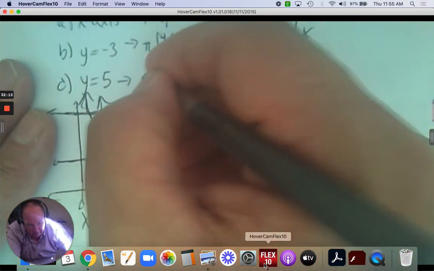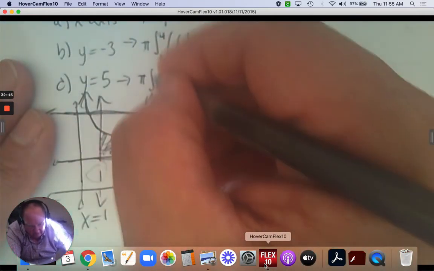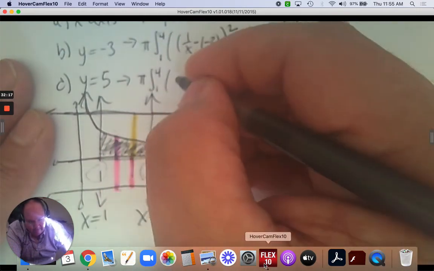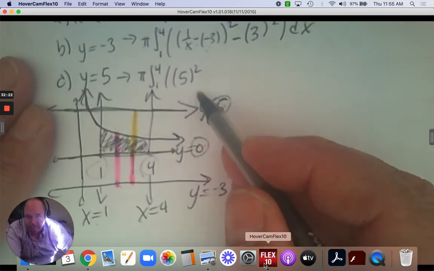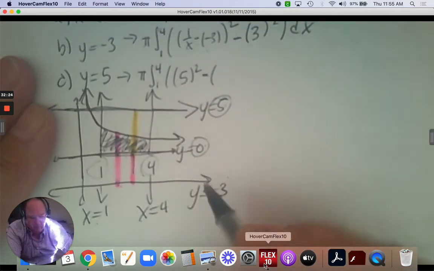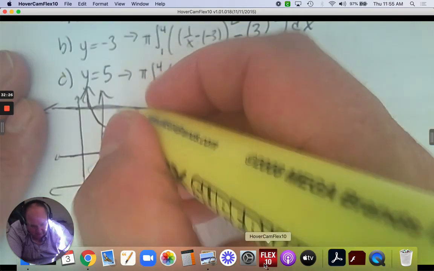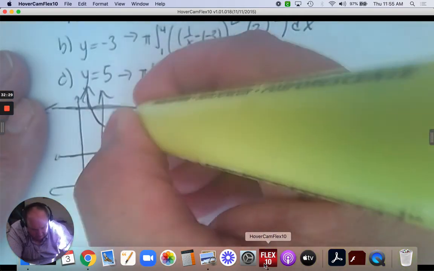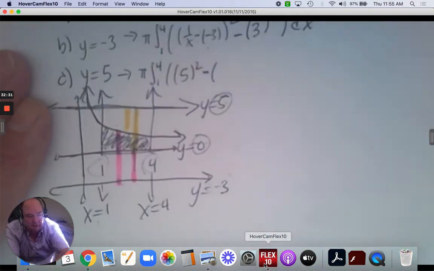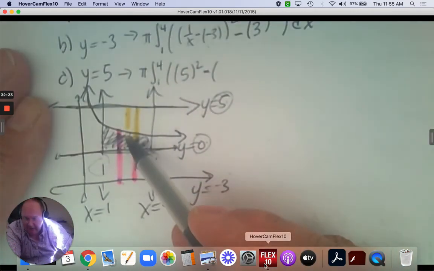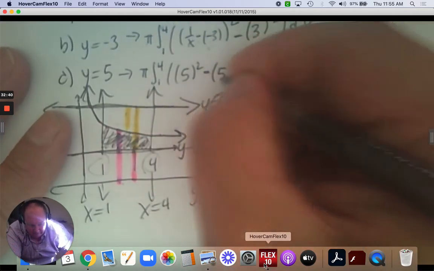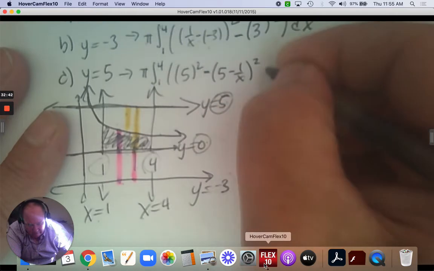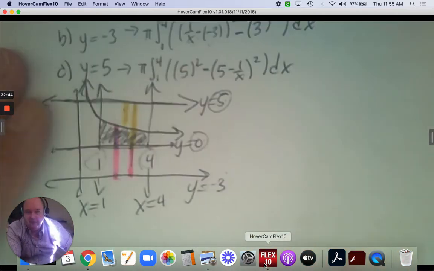So this is going to start with pi. We're integrating from 1 to 4. And the first radius is just 5. Top subtract bottom. There it is. Subtract. Now the second one, again, start from the line that you're revolving around. If you draw the second radius, it goes to the beginning of the area. So top subtract bottom. This bottom now is the curve, 1 over x. So that's 5 subtract 1 over x. And there's the setup.